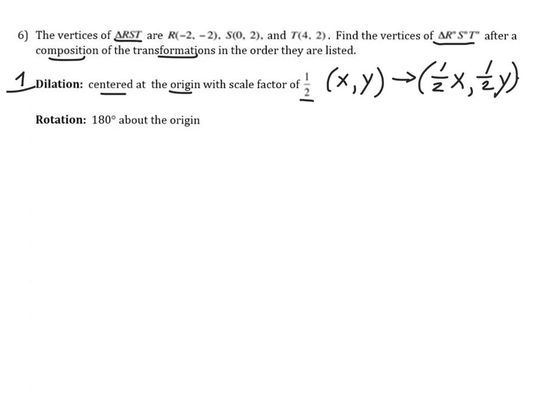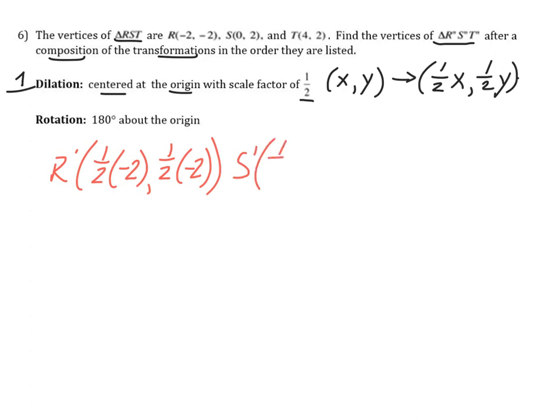So let's jot down our first coordinates, R prime, S prime, and T prime with this scale factor applied. So it's going to be a half times negative 2 and a half times negative 2. For S prime, it's going to be a half times 0 and a half times 2.